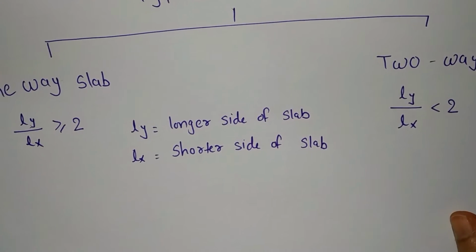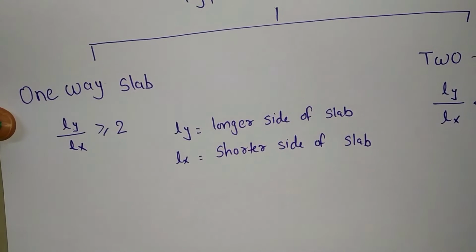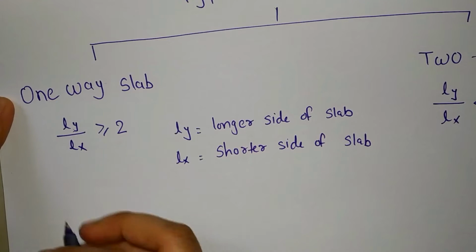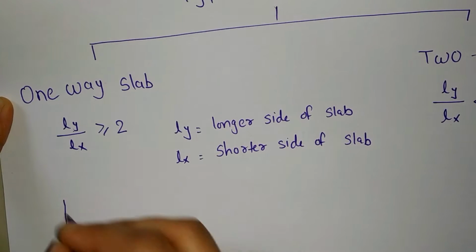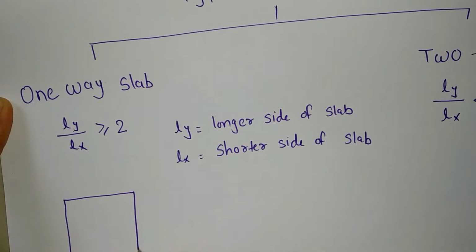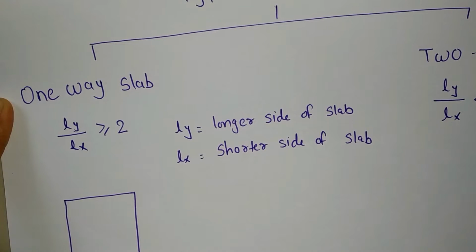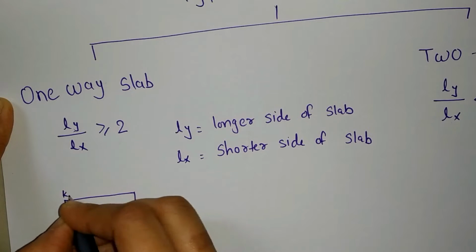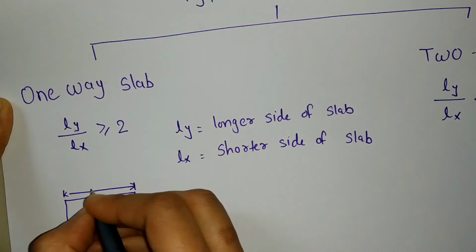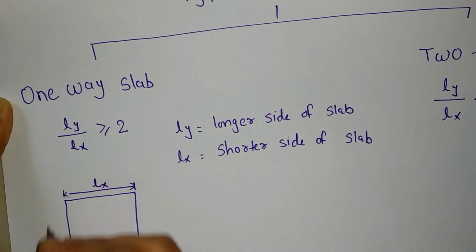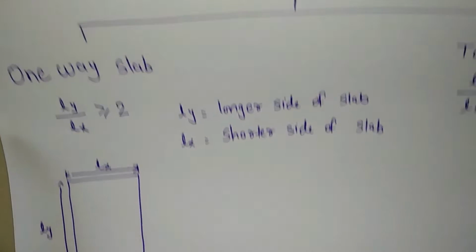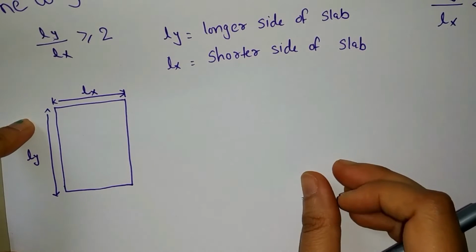Okay, so why do we call this a one-way slab? Because I'm taking one example. Here is a slab, okay, and if this is my shorter side, I'm giving the name Lx, and if this is the longer side, I'm giving the name Ly. Okay.